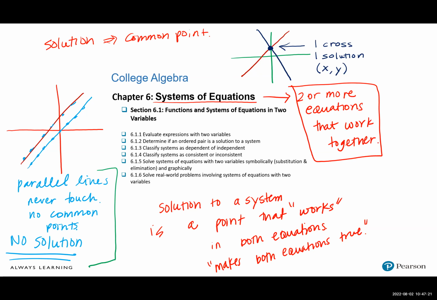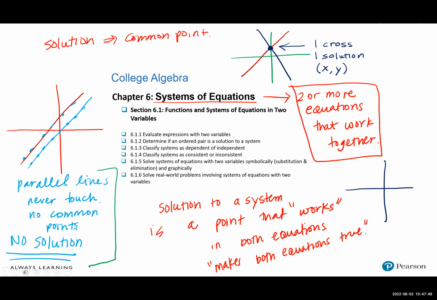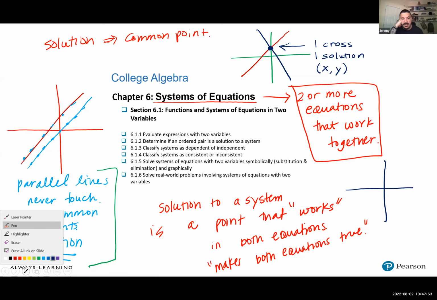Can anybody else think of one other option when we talk about systems of equations? We got two lines never touching. We got two lines that cross one time. Is there any other option? Two lines that run on top of each other. Yeah.